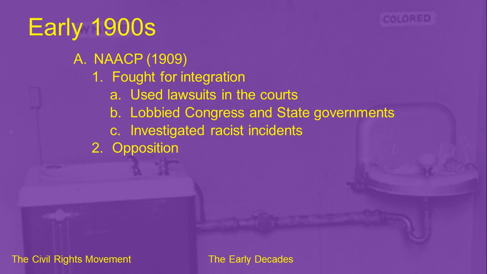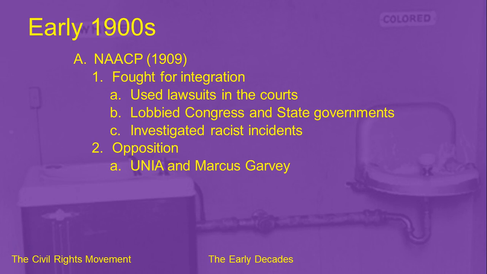Now, even though the NAACP is a great organization that fought for an end to segregation, there were people who were opposed to them, and I'm not talking about white people. I'm talking about African Americans. The UNIA movement, which we went through in the Harlem Renaissance, was formed in opposition to the NAACP.